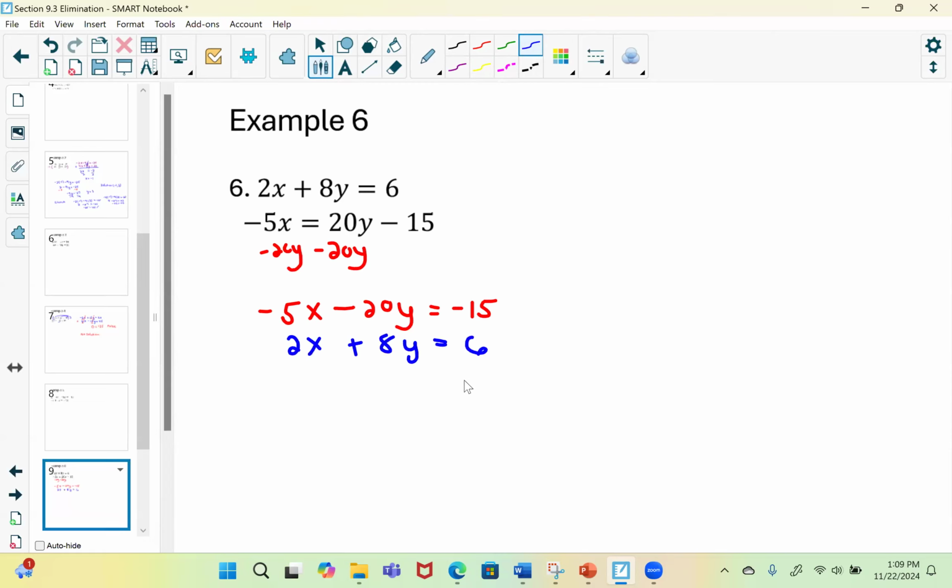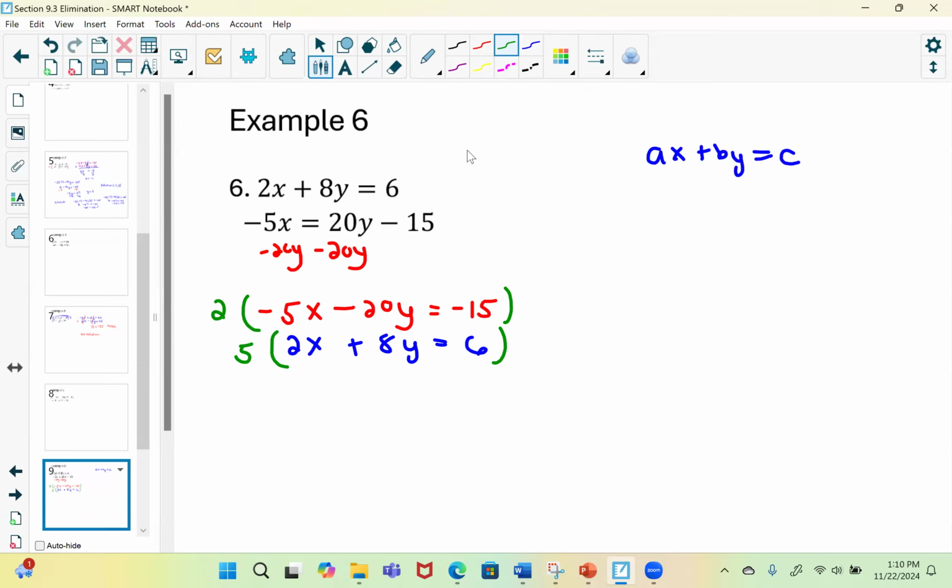If that's the case, I have to multiply both equations by numbers to get them to be the same number. So if I take 5 and 2, what I can always do is multiply each equation by the other one. So I'm going to multiply this first equation by 2 and the second equation by 5. I'm going to do both positive because one is negative and one is positive, so I don't want to change the signs.